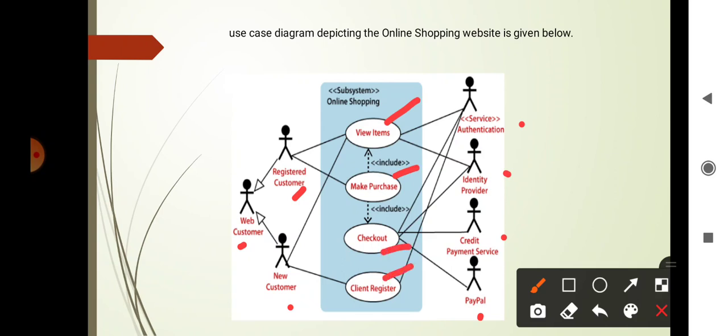View items is included in make purchase, so here we use include, and checkout of the purchase also uses include. Then the authentication and item views rights belong to the identity provider, and authentication and credit card payment belong to checkout. Those who have those rights are connected to the actors and use cases. Here PayPal is one of the apps for online transactions.